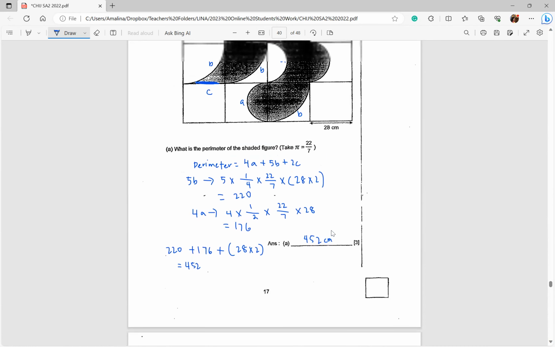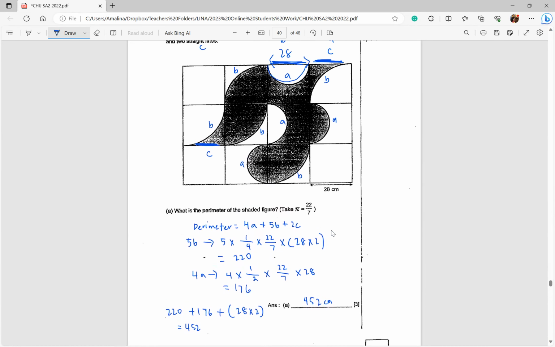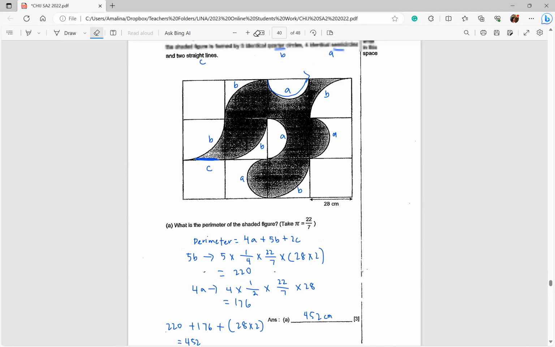For the area of the shaded figure, you can do some shifting. Maybe I show you first what to shift. Let me erase this off. You can shift this to form a very nice square. If I shift this quadrant over here, or maybe you can also shift this boomerang over here.